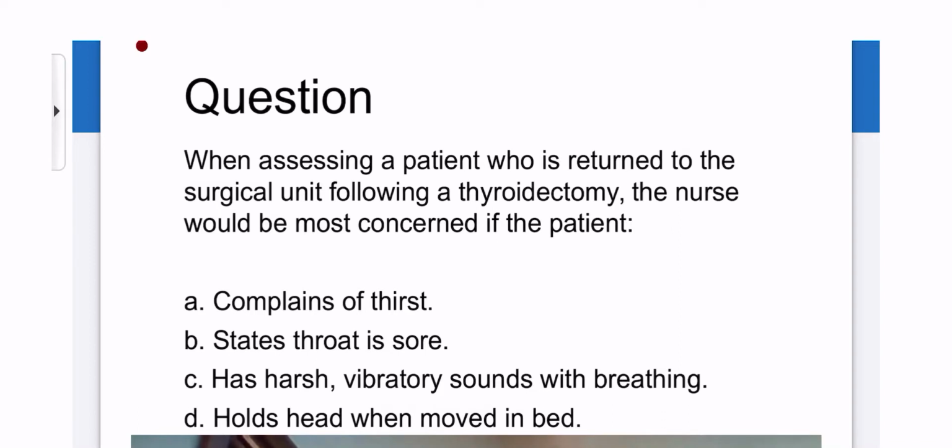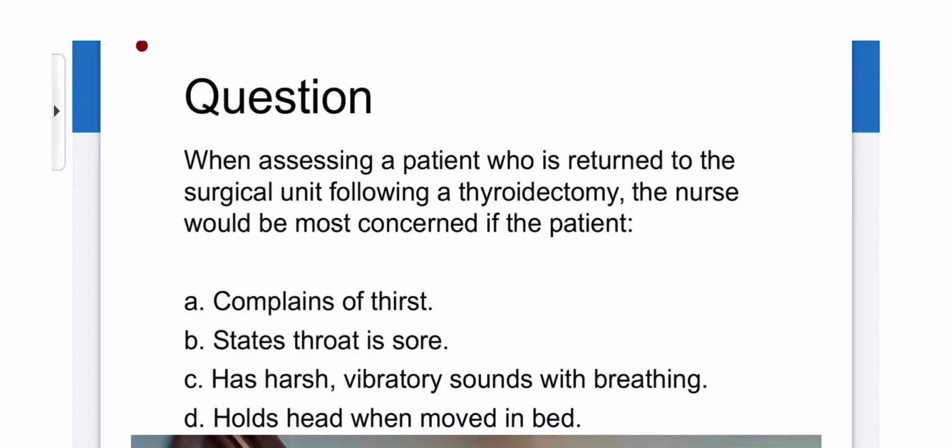So moving along, if you're assessing a patient who's returned to the surgical unit following a thyroidectomy, what would concern you the most of these symptoms that the patient is showing? If they're holding their head when they're moving in bed, they're doing the right thing. But it's that airway that's the concern.